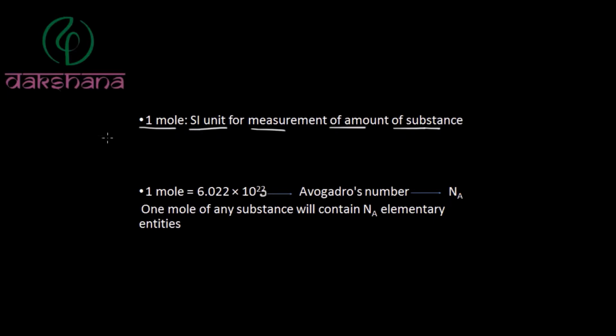What are the common units that we use to measure the amount of substance? The common units are mass and volume. So basically in this chapter we will relate mass and volume with number of moles.